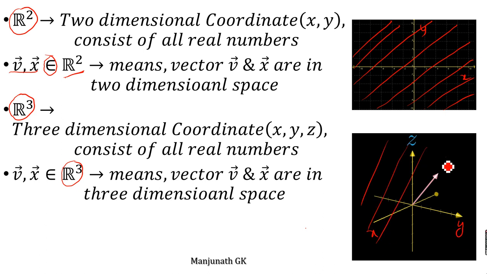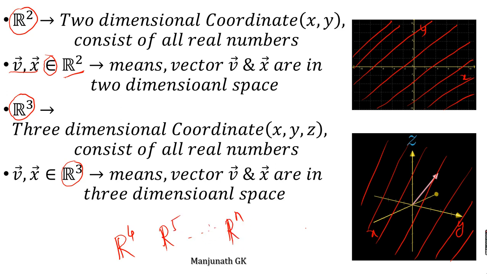The region in this three-dimensional coordinate system is called R3. All right. So this R3 can be R4, R5, and so on, Rn. The meaning of it is the real numbers in that region. All right.